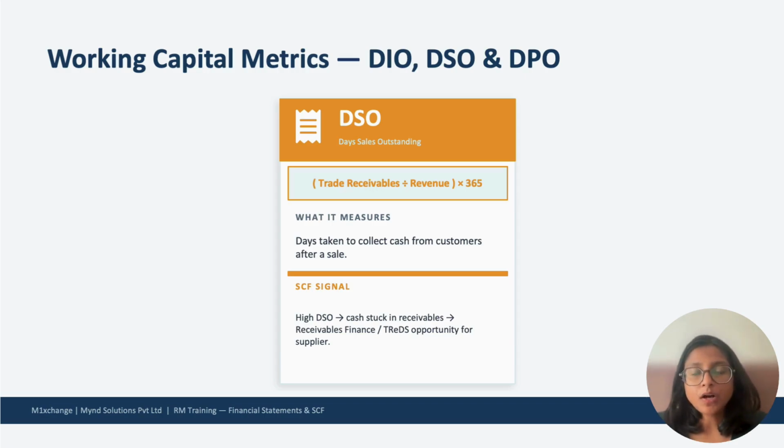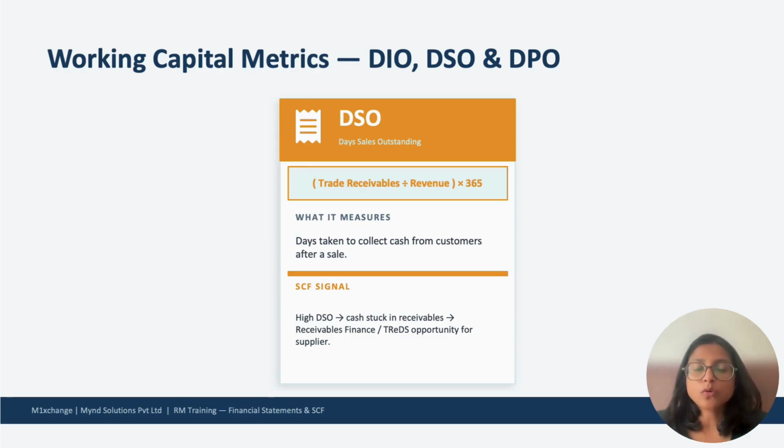Also, an important factor is to understand the debtor aging. So what do you mean by aging? Aging is for how many days the receivables are stuck. Some of the company's receivables may be stuck for 30 days, and some for 90 days.